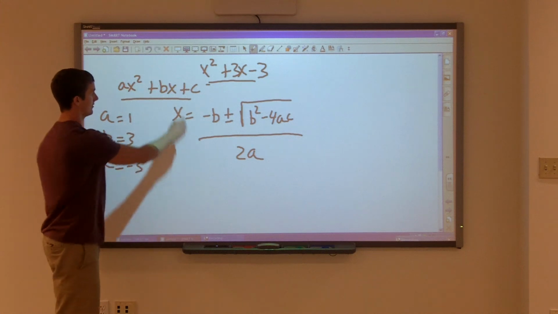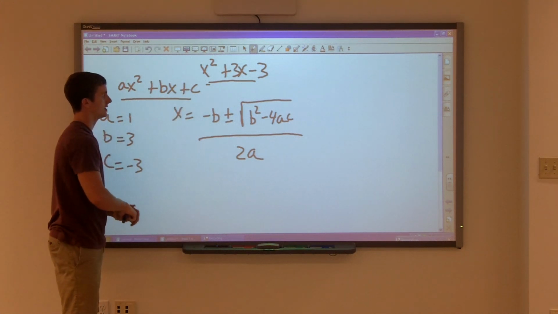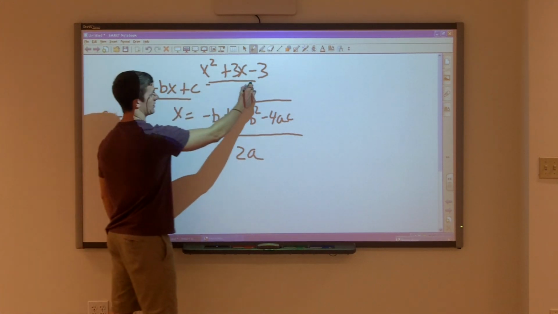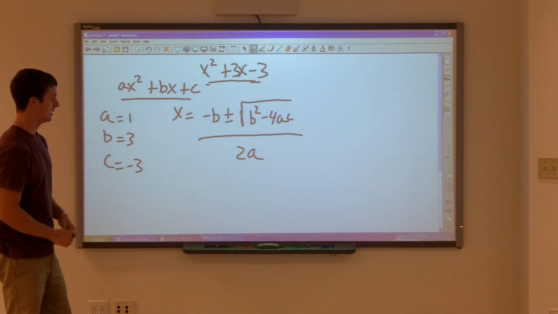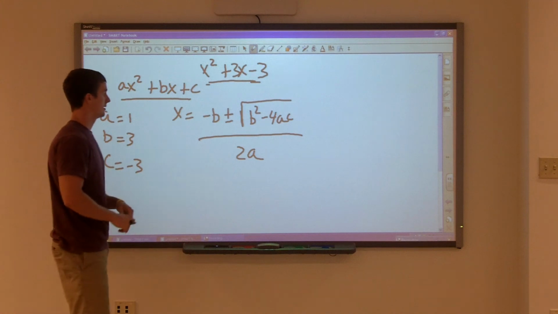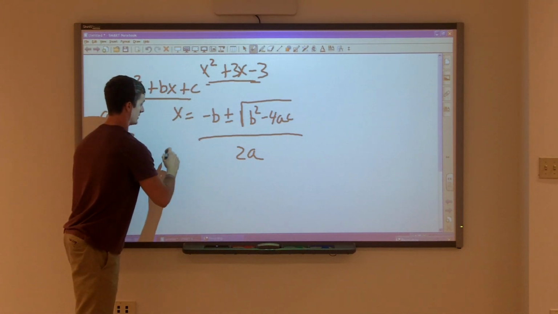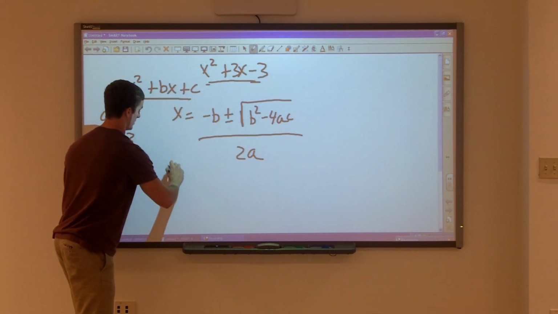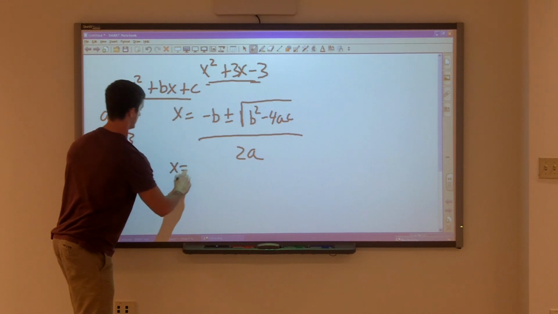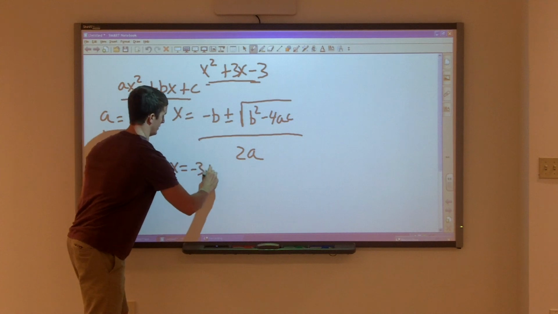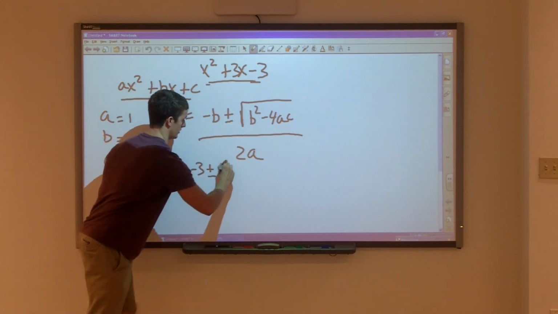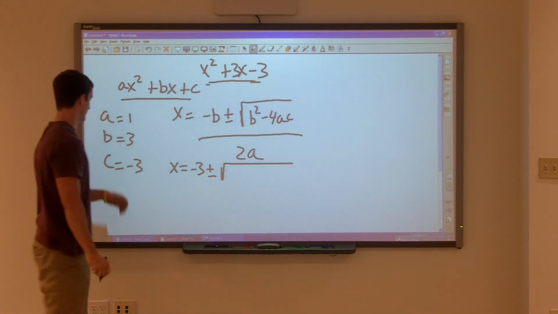The reason that it's negative is because in our standard polynomial equation we have a positive, but in our original equation we have a -3. So now that we have these numbers, it's simple, just plug and chug. So for our quadratic formula, it'll now be x equals, for our b, we'll have a -3 plus or minus the square root of b squared.